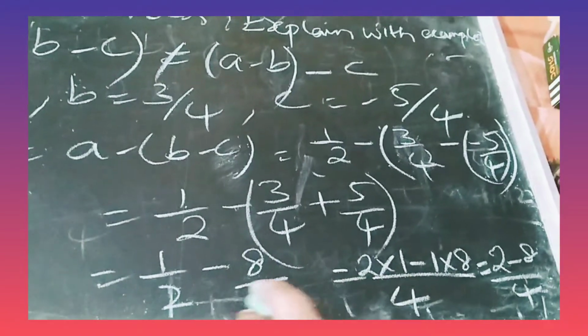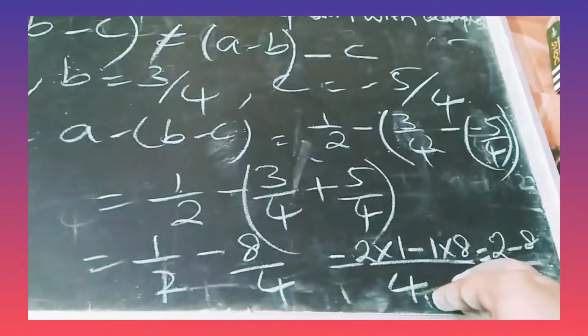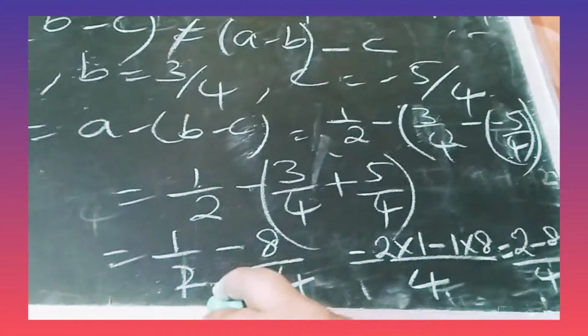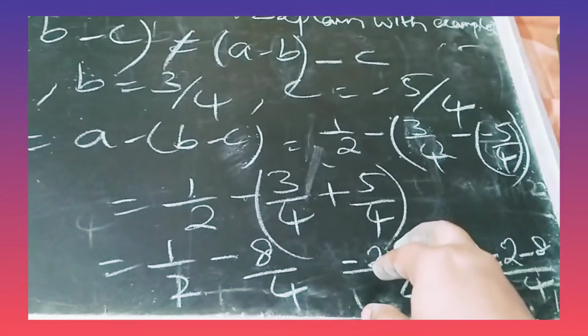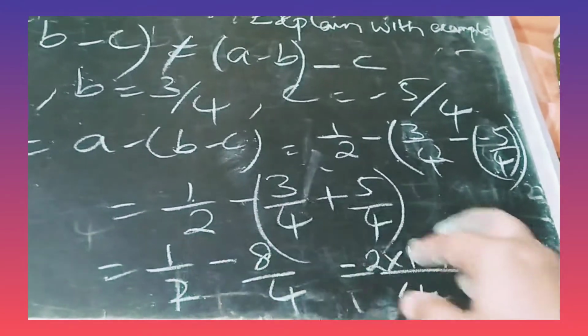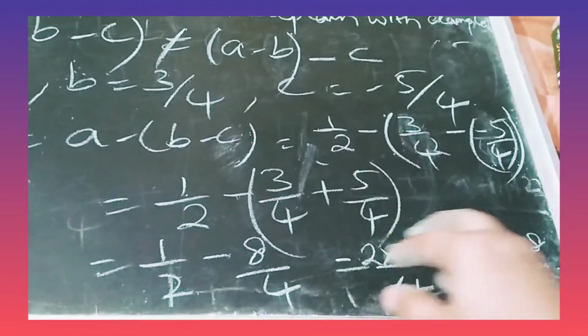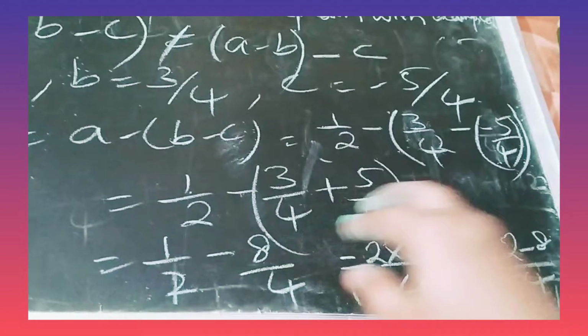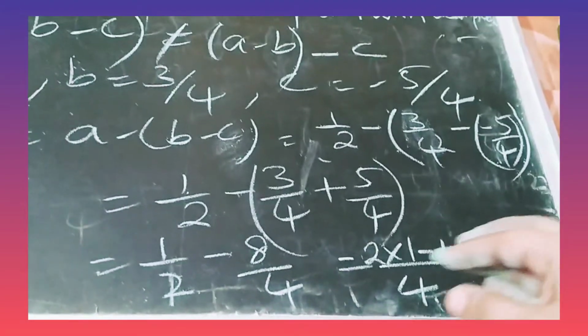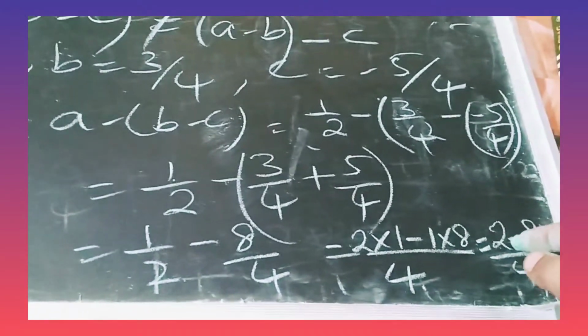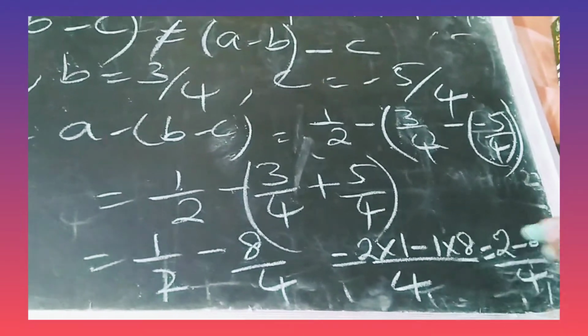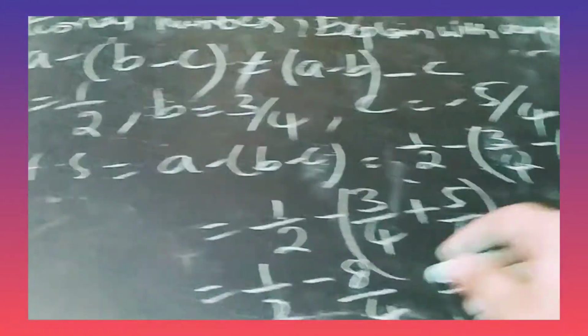Now we'll take LCM of 2 and 4. It is 4. How many times does 4 go in 2 table? It goes 2 times. 2 2s are 4. 2 into this 1 you have to write here, minus how many times does 4 go in 4 table? It goes 1 time. 1 into this 8 you have to write here, is equal to 2 ones are 2 minus 1 8 is 8, by 4. 2 minus 8 by 4.